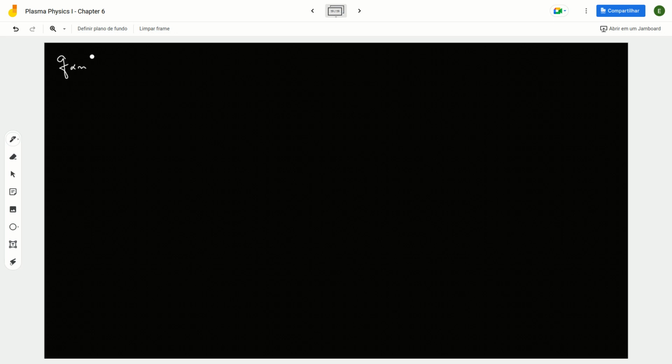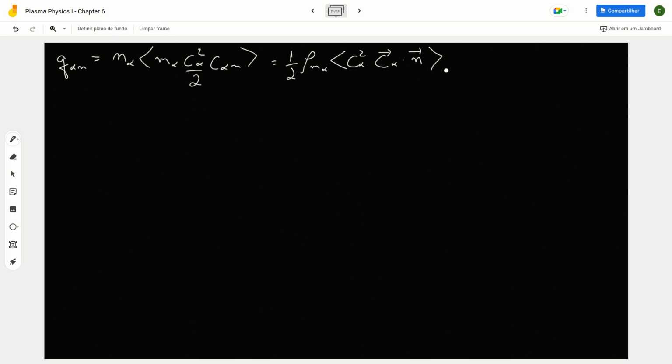Q alpha n is equal to n alpha times this C alpha square over 2 C alpha n. And this, well, m is just the mass density. I can write it like this. And the rest is here, C alpha square C alpha. This is the n component. Well, this is actually a unit vector, right? So n hat.